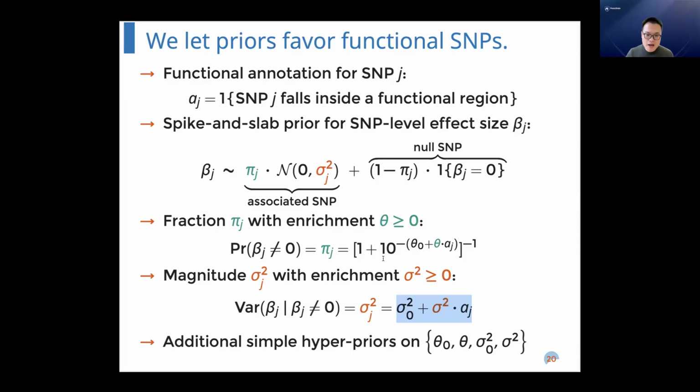Okay, so by writing down these two enrichment models, I accidentally or unaccidentally introduced several more hyperparameters, as you can see here. So this will put some additional hyperpriors on them, and we'll try to infer them from the data. Okay, so this will be taken care of by the data rather than the user. So we don't have to guess what their values are, because the data will tell us what their values are.